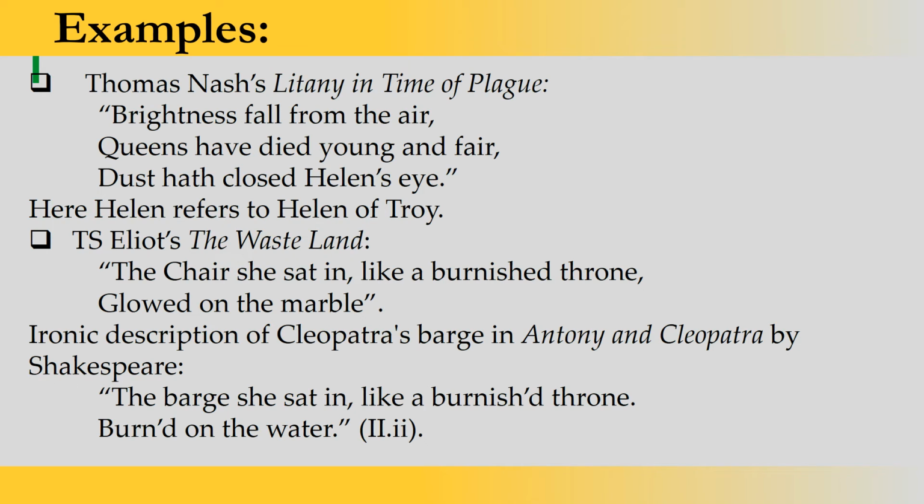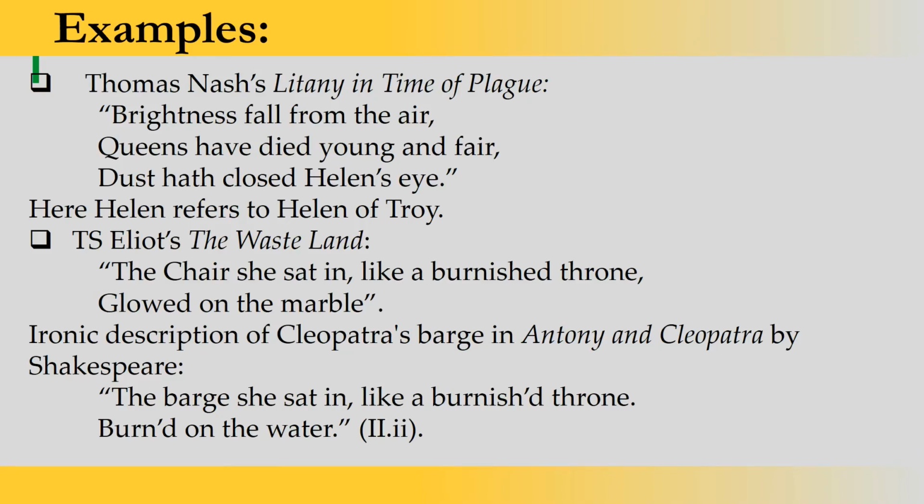Next example, we have T.S. Eliot's The Waste Land, with the lines: the chair she sat in like a burnished throne glowed on the marble. It is an ironic description of Cleopatra's barge in Antony and Cleopatra, a play by William Shakespeare. Shakespeare's lines are: the barge she sat in like a burnished throne burned on the water.